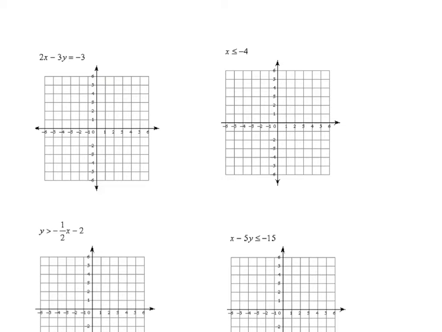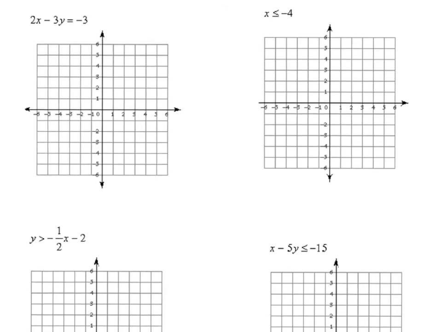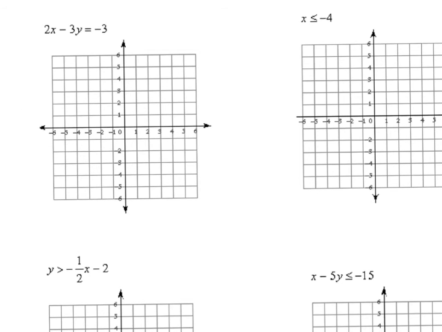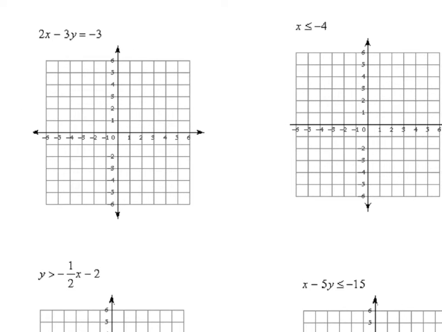On this next one, we have an equation given in standard form, so you can graph it two ways. And I'm going to show you both ways. Lots of people struggle with solving for y. If I tried to solve this for y, I would subtract 2x, which would give me -3y equals -2x minus 3.